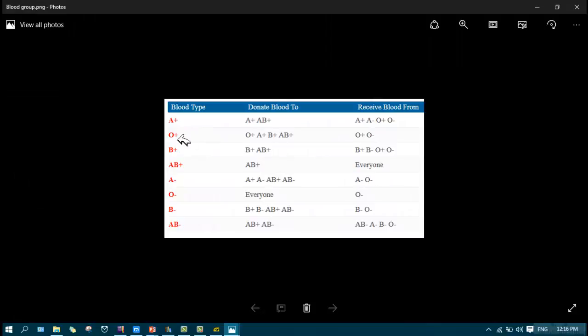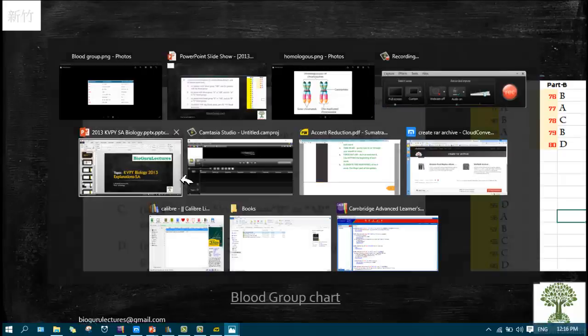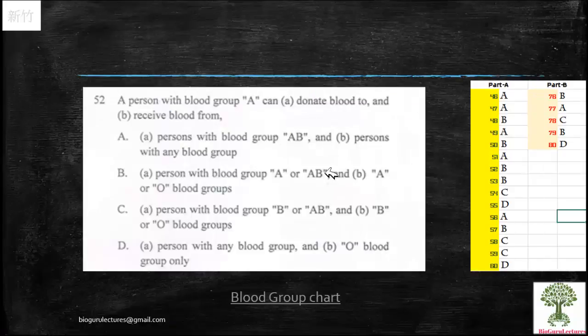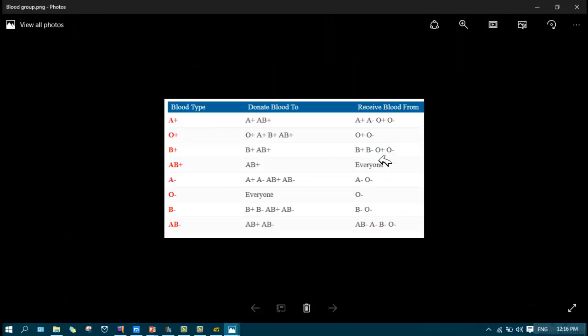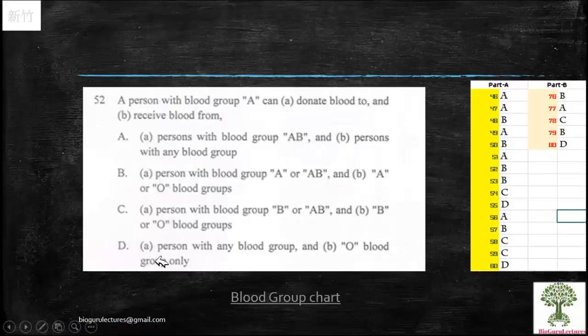Simply A can give blood to AB positive, and B can receive blood from B positive, O positive. So now we can easily match the answers here. So 52nd one is B, where the others are not giving corresponding answer. Now if you practice it, you can do it by looking at it. I usually do like that.